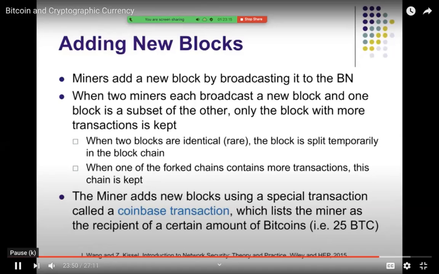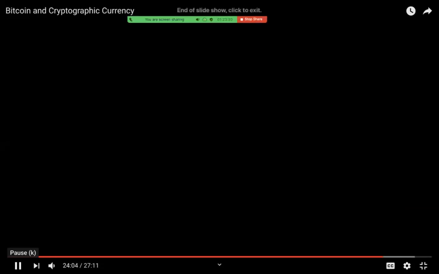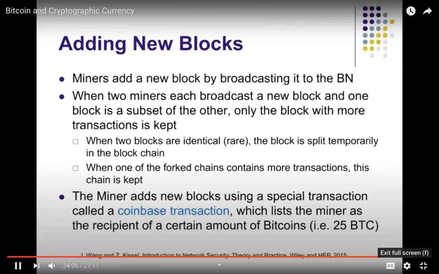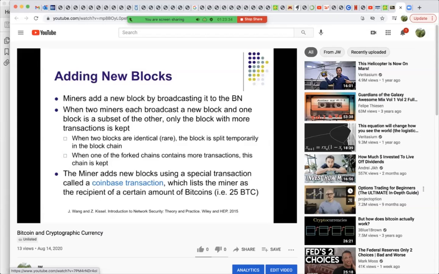For instance, for each block added successfully, 25 units of Bitcoins would be issued to the miner as his prize. That's it. So it's a Bitcoin.